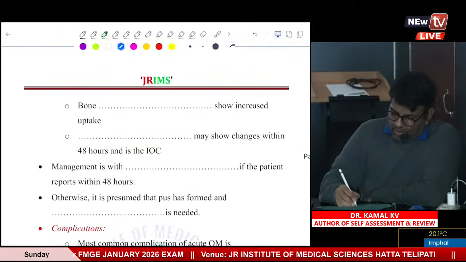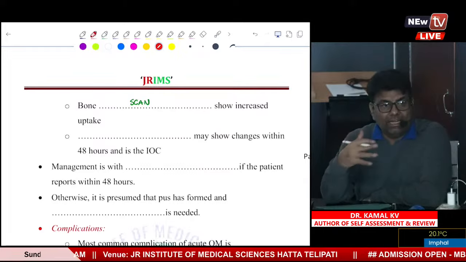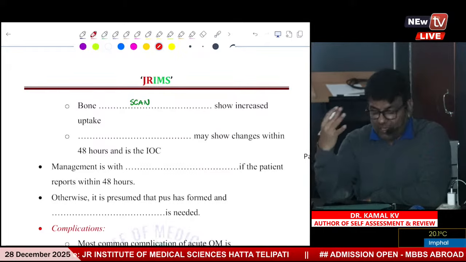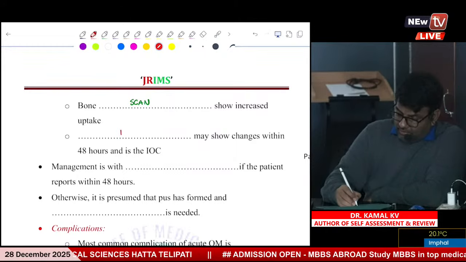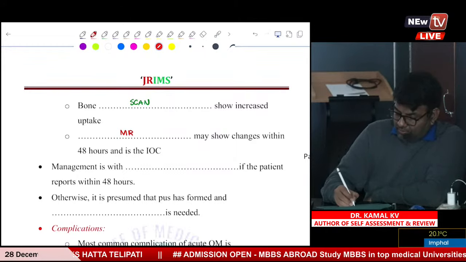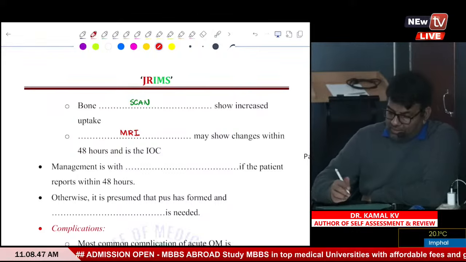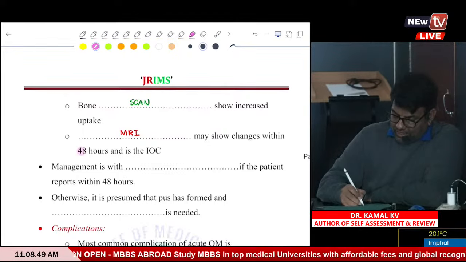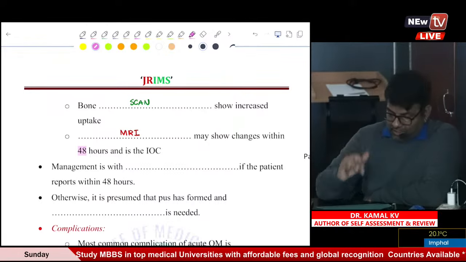We can do bone scan, which can show increased uptake in the metaphyseal area, but the modality of choice is MRI. So MRI is the investigation of choice, and we can diagnose the condition within 48 hours.